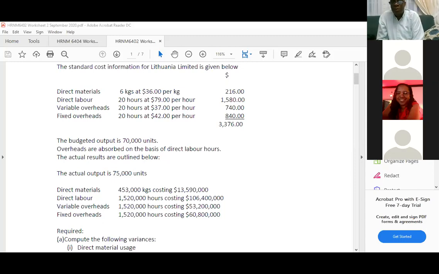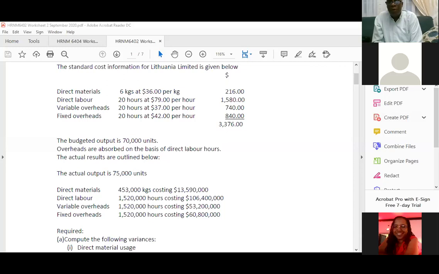So we're looking at the direct material usage variance. Standard usage for actual production. But we open brackets first.